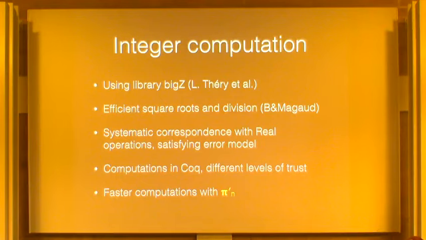At that level of paranoia, I don't think I can compute more than 1,000 digits. And then I can move to the second level of trust, which uses a bytecode virtual machine inside the Coq system. And with that level of trust, I can compute 1 million digits in 6 hours.